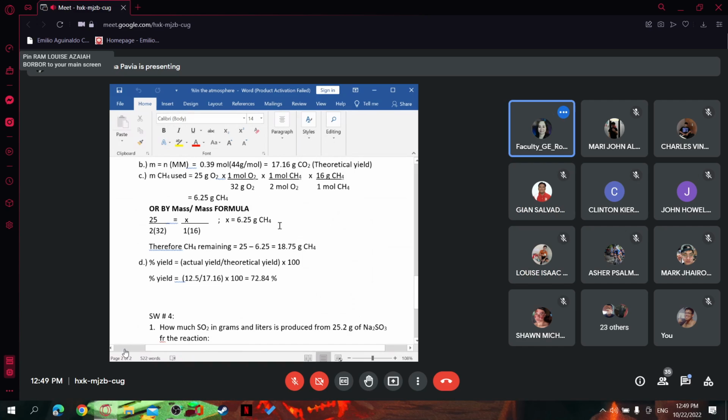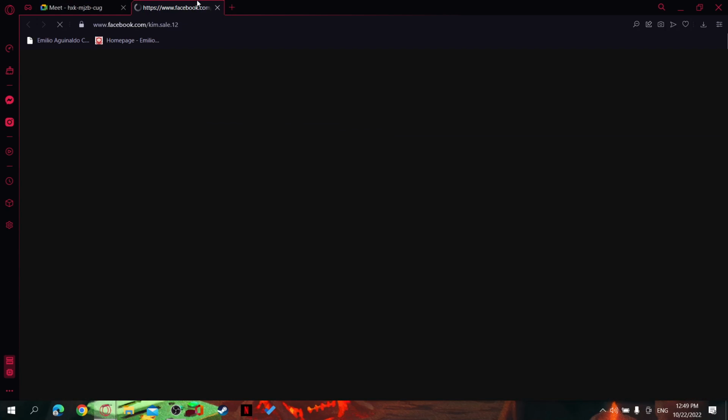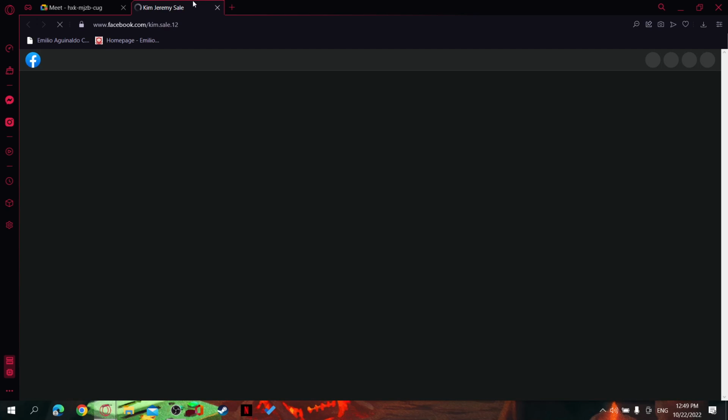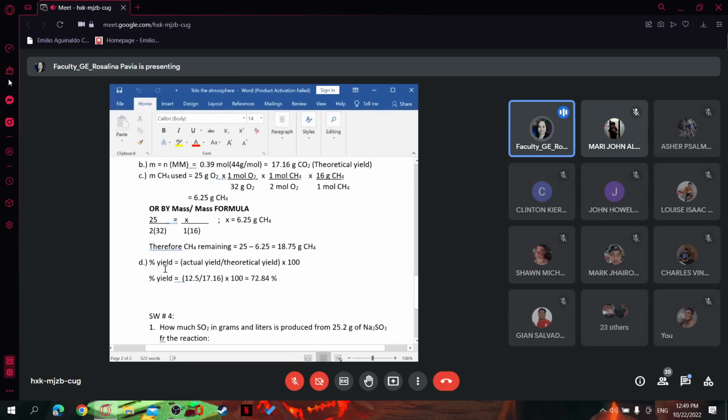Naintindihan niyo? 25 grams na O2 at saka 6.25 grams na methane gas to produce the percentage yield now.